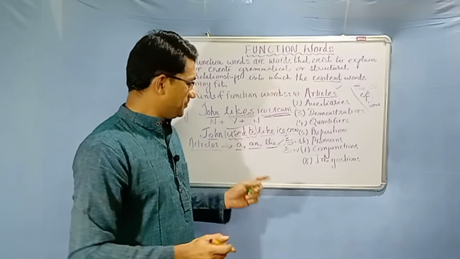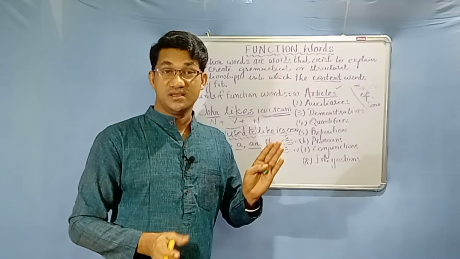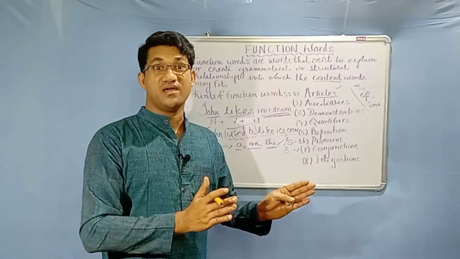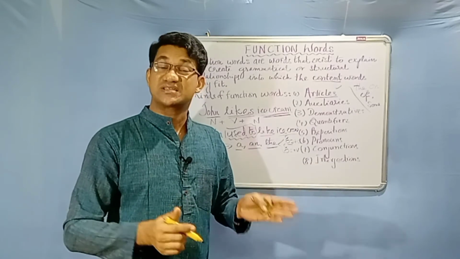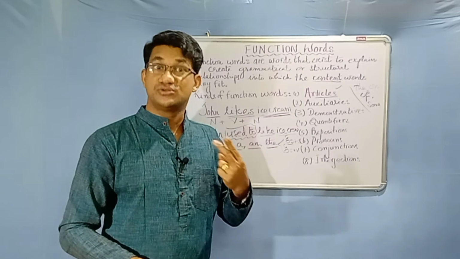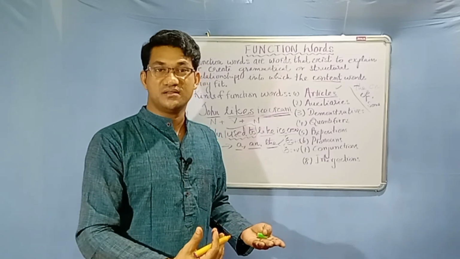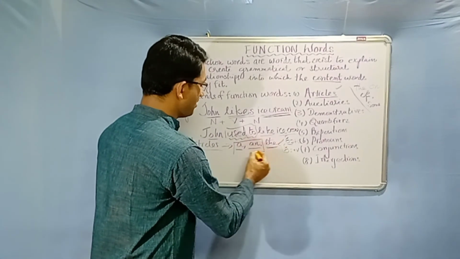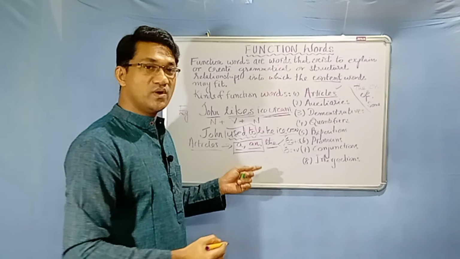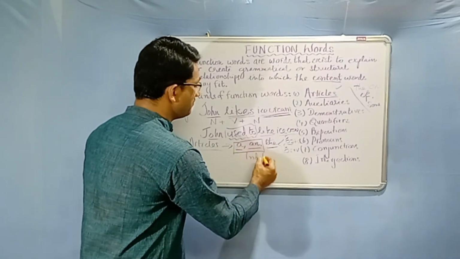All right, now that's about articles. We have three articles: a, an, and the. We can classify them further into two groups, the indefinite article and the definite article, and we can say that a and an are known as the indefinite article.